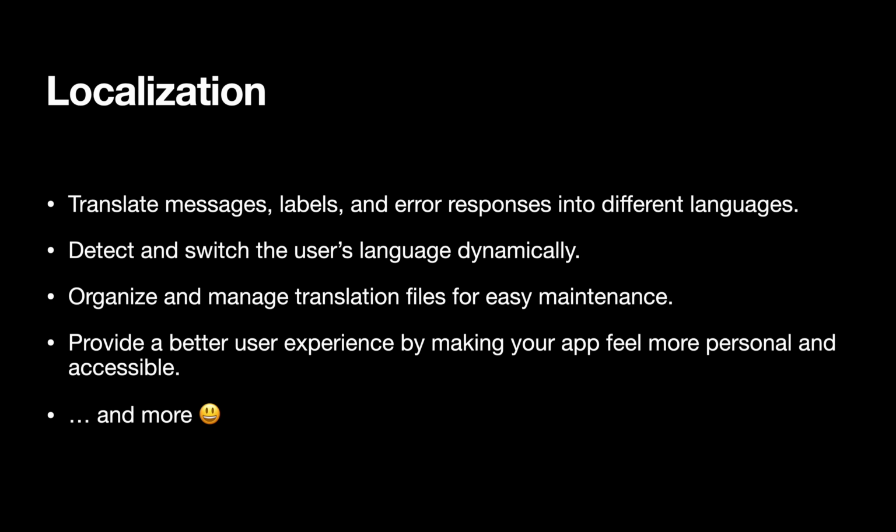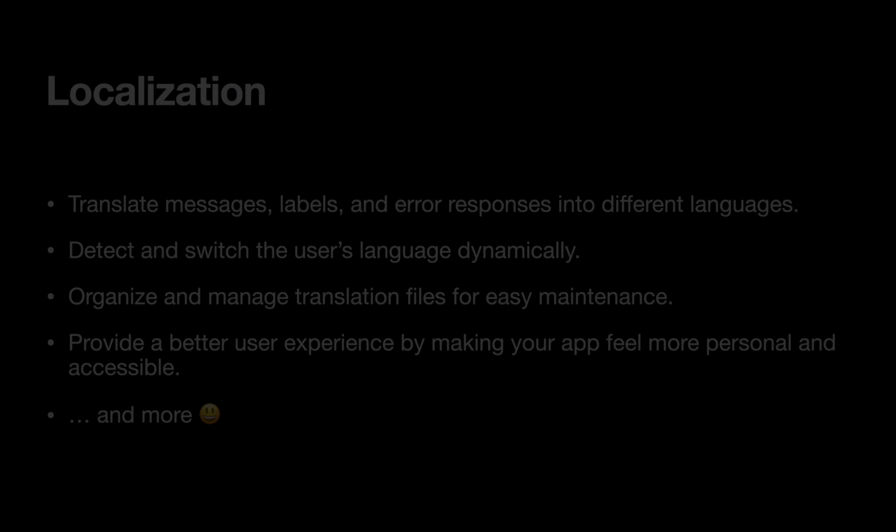With localization, you will be able to translate messages, labels, and error responses into different languages, detect and switch the user language dynamically, organize and manage translation files for easy maintenance, and provide a better user experience by making your app feel more personal and accessible. By the end of this section, you will understand how to implement i18n in Express, structure your translations, and make your project ready for users all around the world.